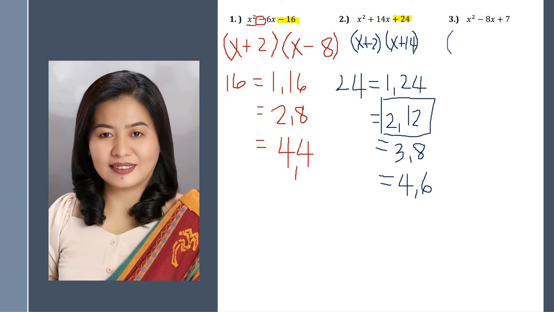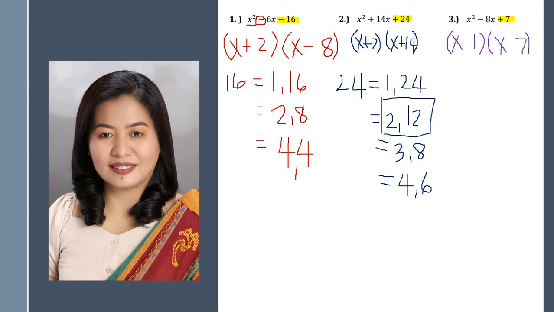We have factors of x squared, so we have x and x. And next we look for the factors of 7. There's only one pair of factors for 7 because 7 is a prime number, so you just have to write 1 and 7.